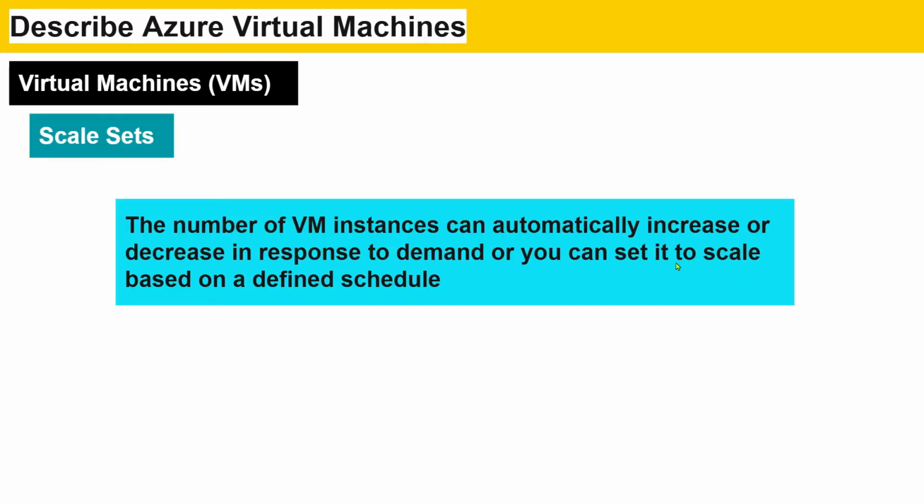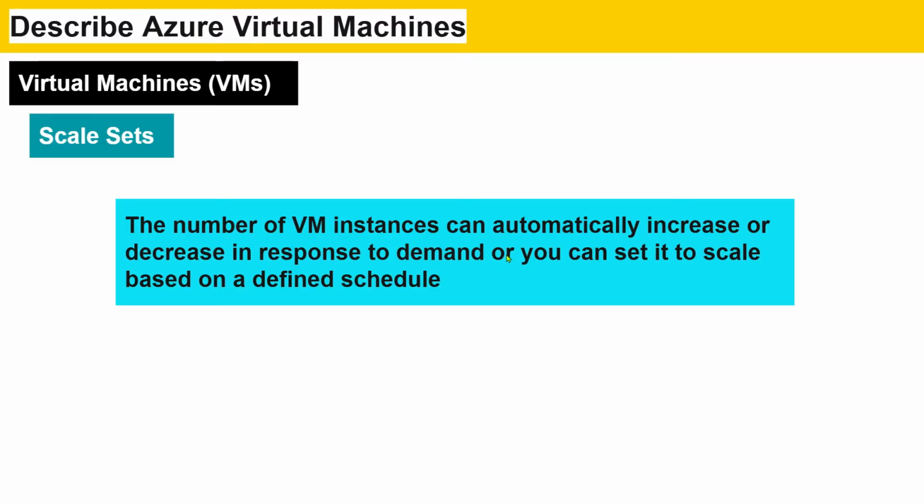For scale sets, it is very simple. The number of VM instances can automatically increase or decrease in response to demand. Think of a production environment where I am currently running my application on 2 VMs. Tomorrow, because there is high demand, all of a sudden the number of users accessing the site has gone high.